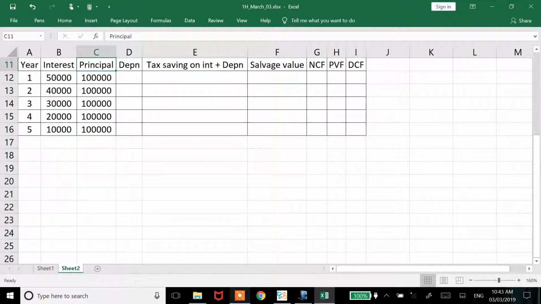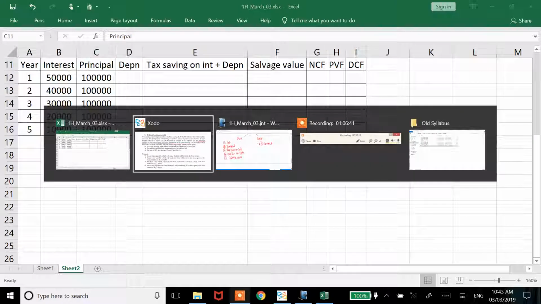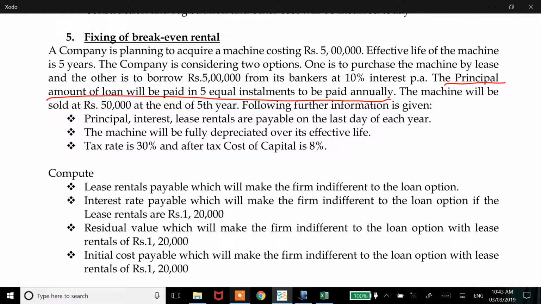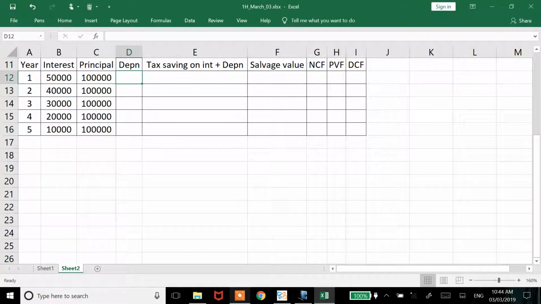The question says the machine will be fully depreciated over its effective life. If that line was missing, then it's 5 lakh minus 50,000 divided by 5 years, because there is a salvage value of 50,000. But the question has said it will be fully depreciated. If it says fully depreciated, I'll write this as 1 lakh for all the 5 years.